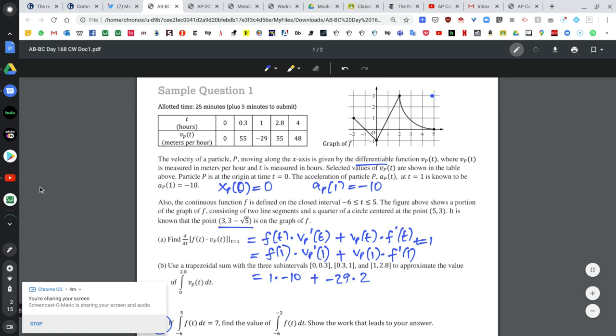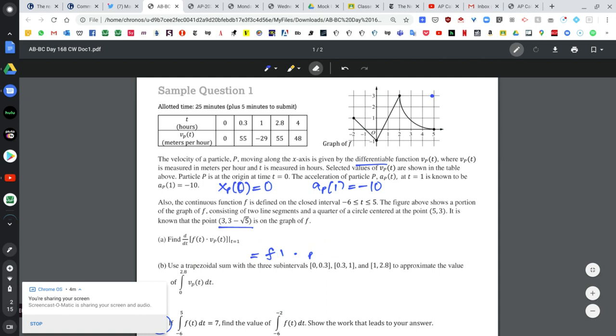Attempt part B yourselves. Pause the video. So part B says use a trapezoidal Riemann sum to approximate the value. So use the approximation symbol. In case you've forgotten the trapezoidal rule, it's the average of the parallel sides, which are the y values.